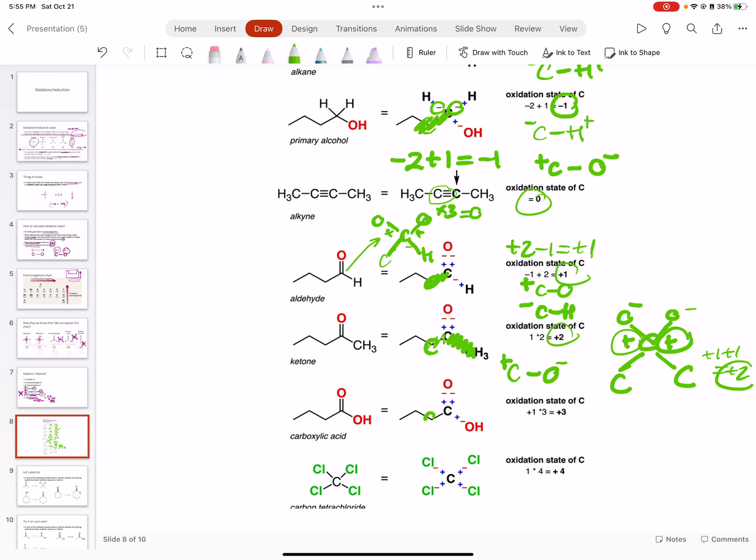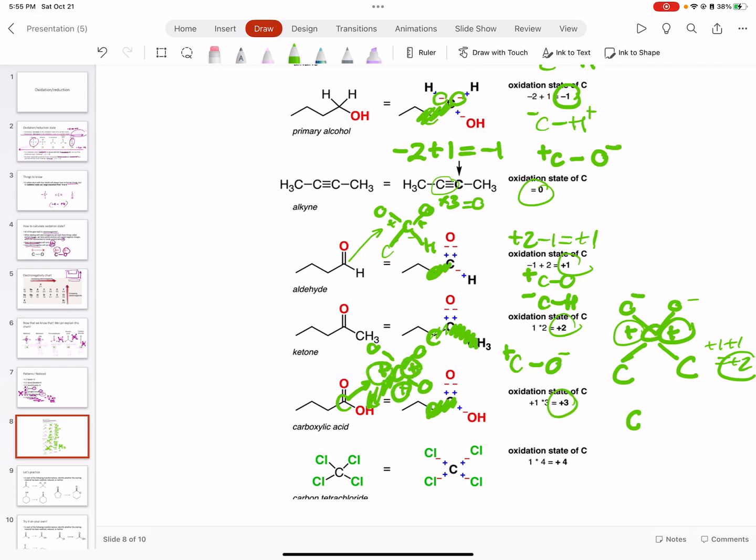Let's see, carbon-carbon, we don't care about it. Looking at this one, we have carbon, oxygen, oxygen, oxygen, carbon, we don't care about this one. Carbon-oxygen, we have positive, positive, positive, therefore we have +3.